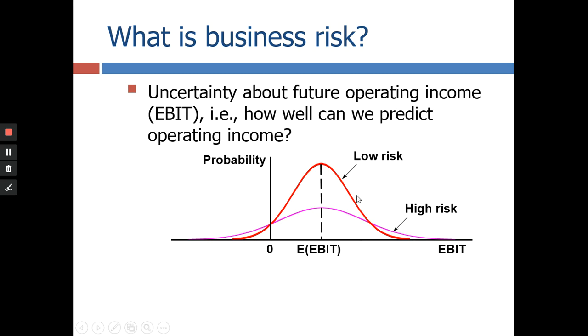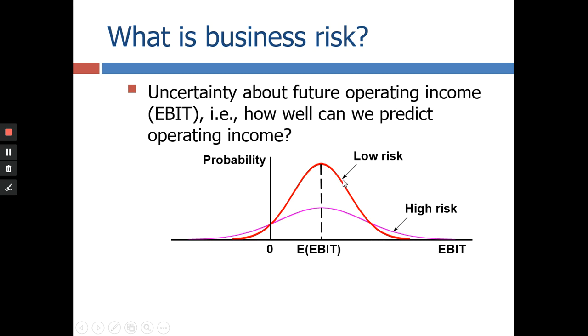Looking at the diagram here, this one is considered low risk, and the one here is high risk. Why have they categorized it as low risk and high risk? If you look, this is the probability and this is the earning.